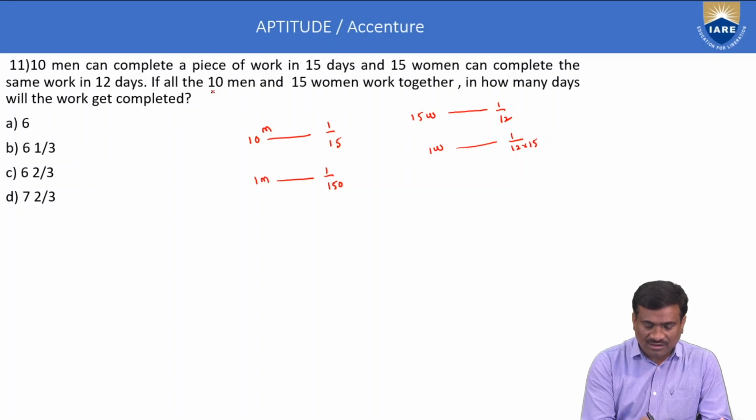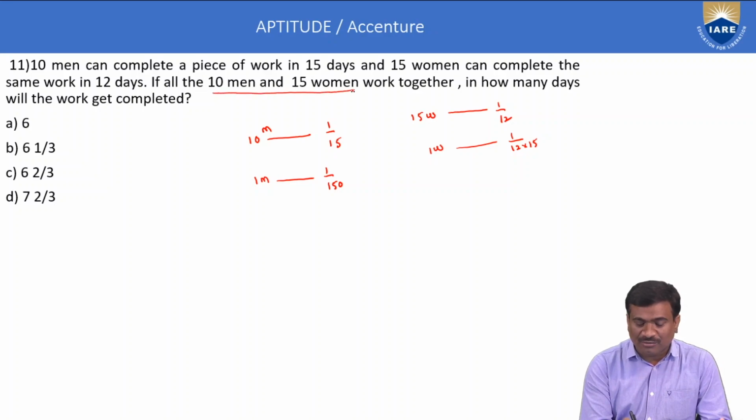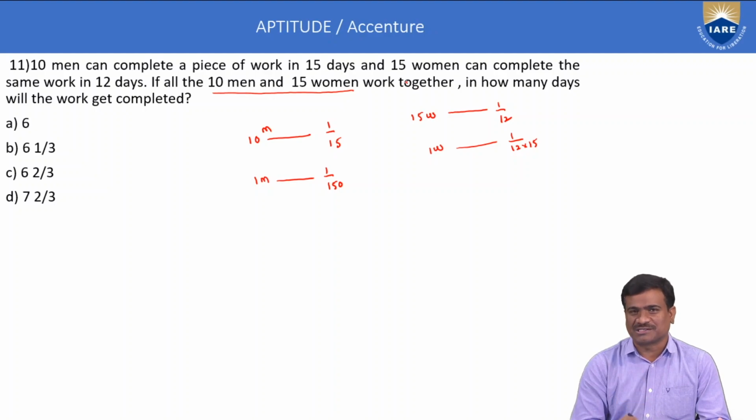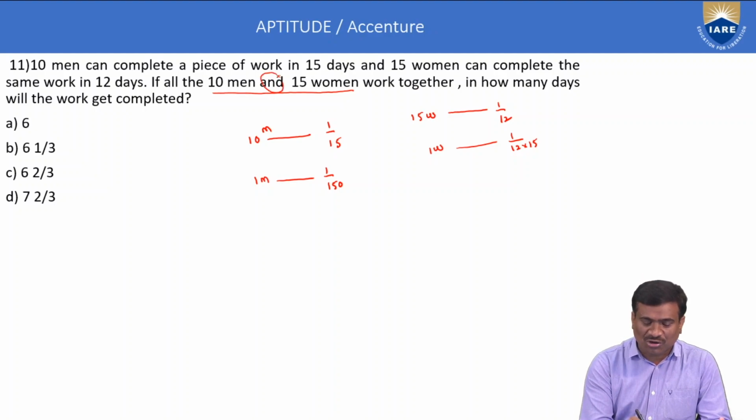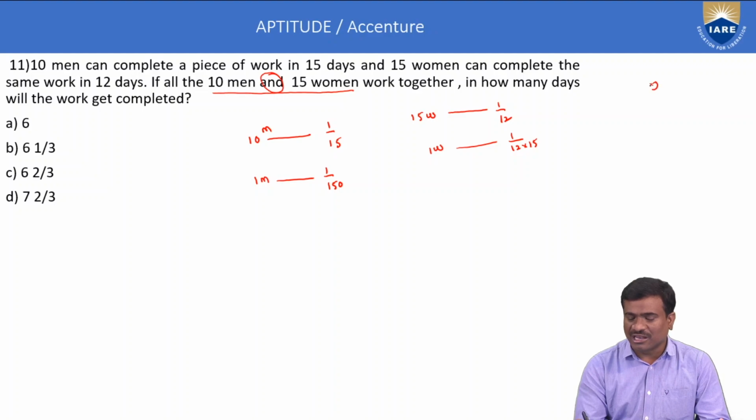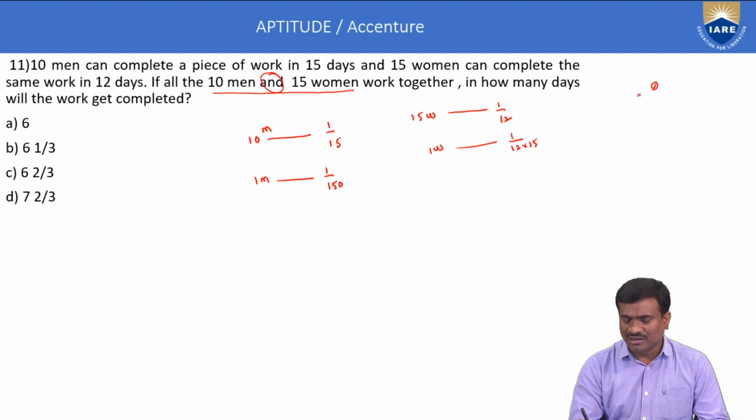Next, find out 10 men and 15 women working together, which indicates the addition operator. 'And' means addition operator, 'or' means equal to. In time and work, it is important to note that 'or' indicates the equal symbol and 'and' indicates the addition symbol.